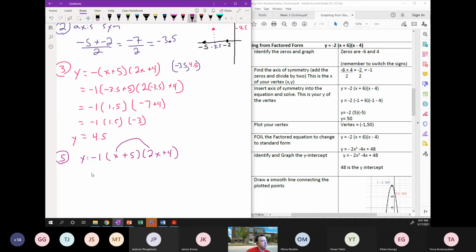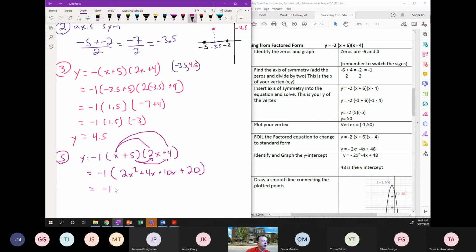So first by first, then I put the negative 1 there. So that's 2x squared. Next, plus 4x. Next, plus 10x. Plus 20.